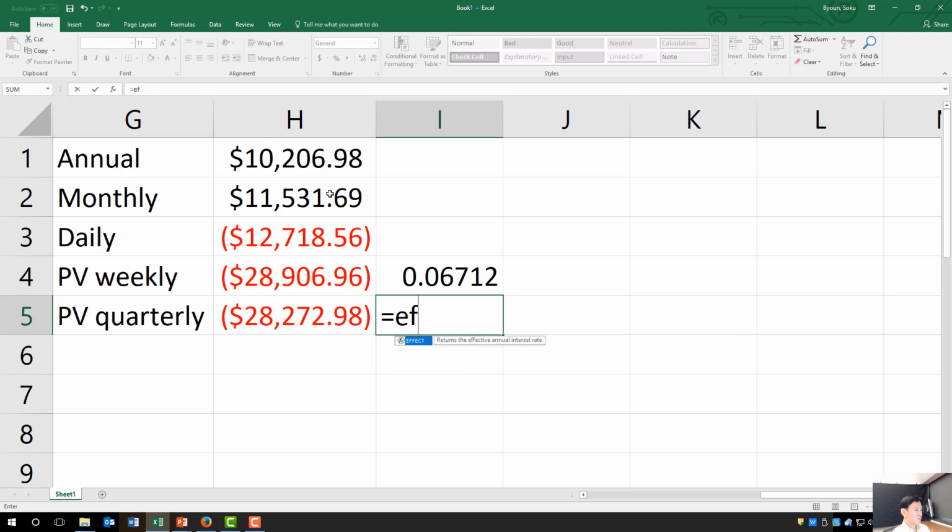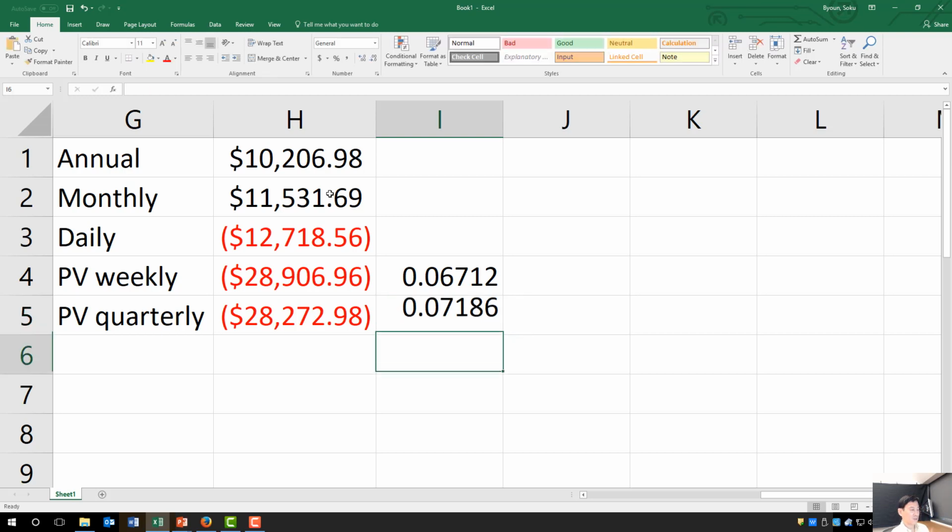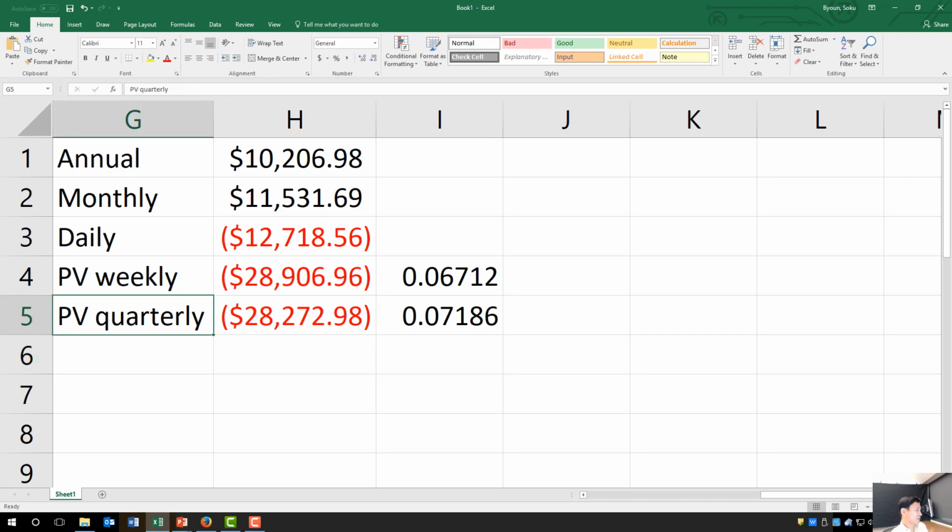And with 7%, the number of periods 4 for 4 quarters, and you have 7.2%. So this alternative has a lower present value or higher effective annual rate. So this should be the better investment opportunity.